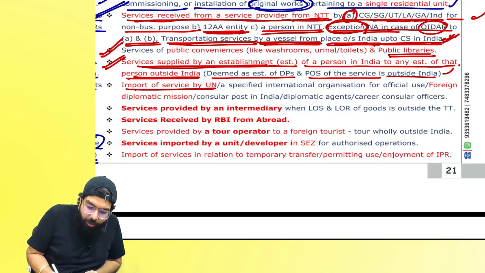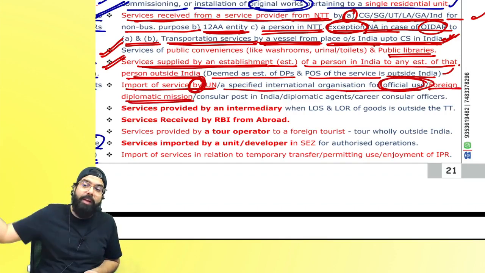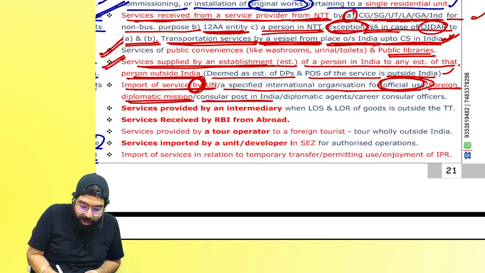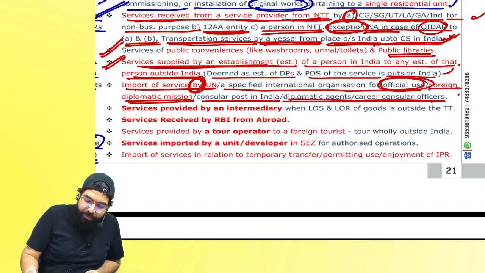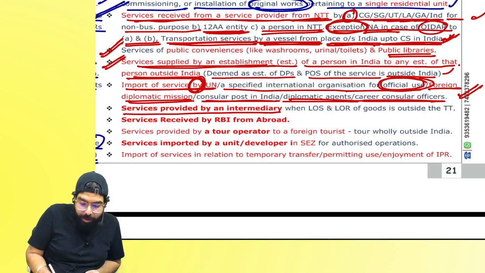Importation of service by United Nations or a specified international organization for official use, or foreign diplomatic mission. If they are importing service, importation of service by a foreign diplomatic mission, consular post in India, diplomatic agent or career consular officer shall also be exempted. Services provided by an intermediary when location of supplier and location of recipient is outside India.